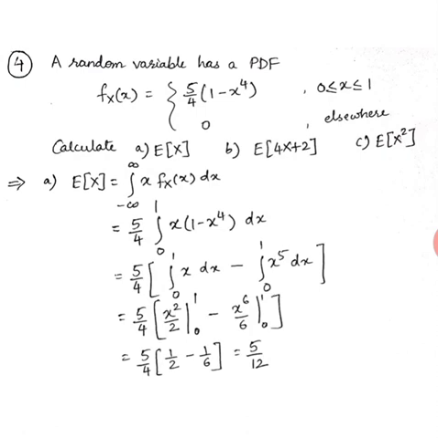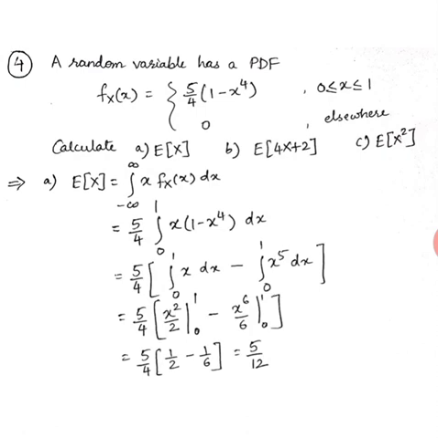So we solve this. 5 by 4 is a constant which is taken outside, common for both the integrals. So 5 by 4 multiplied with the integral of x, which is x square by 2, limits 0 to 1, minus the integral of x raised to 5, which is x raised to 6 divided by 6, limits 0 to 1. Substituting the upper limit minus the lower limit, we get 5 by 4 multiplied with 1 by 2 minus 1 by 6, and the answer comes as 5 by 12.